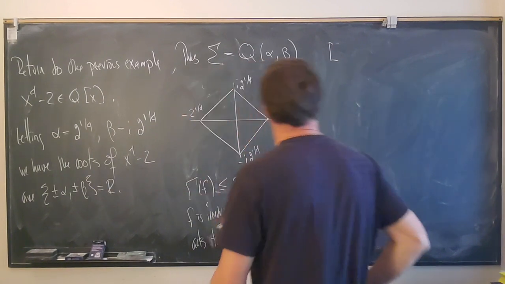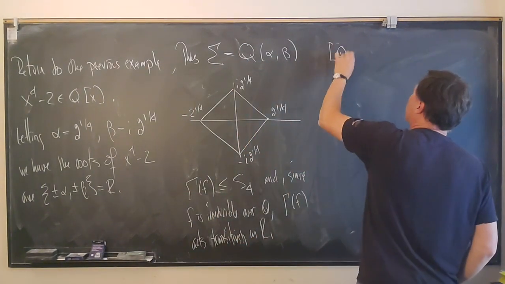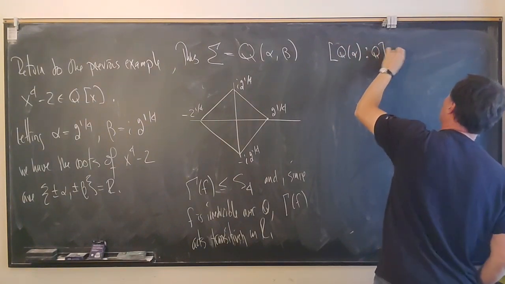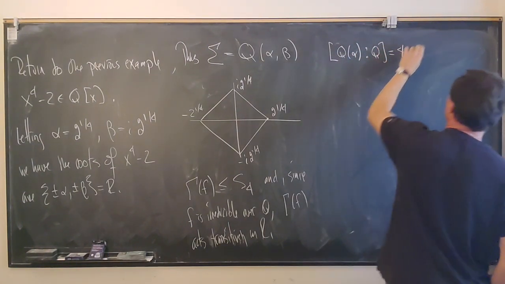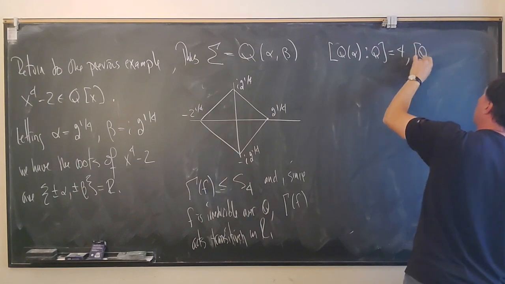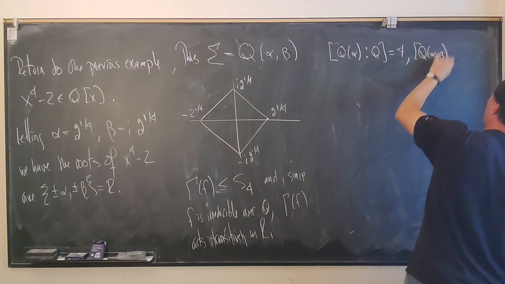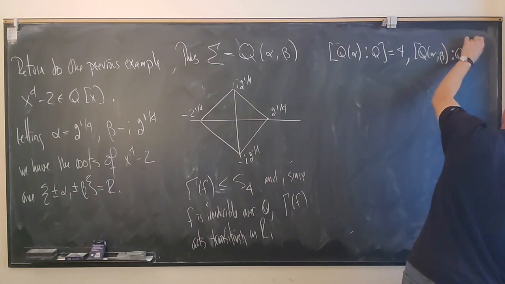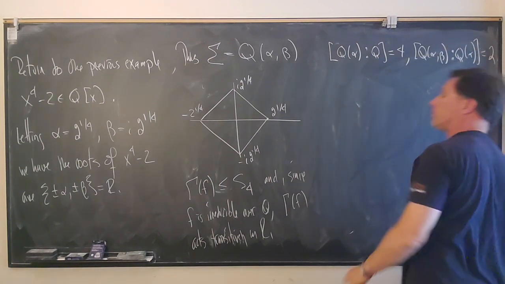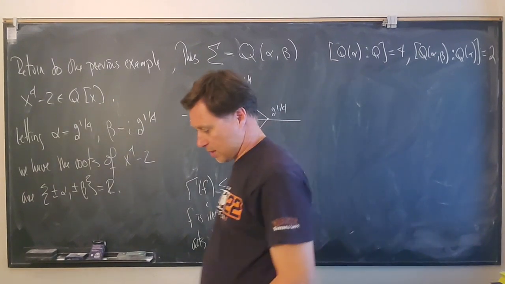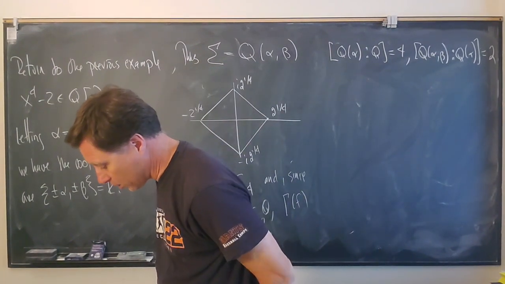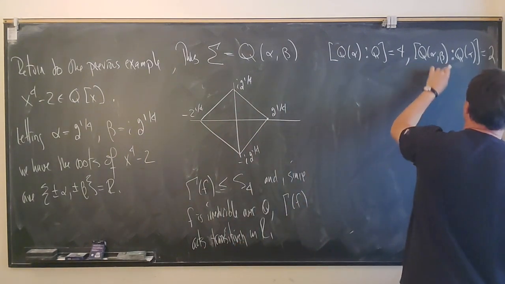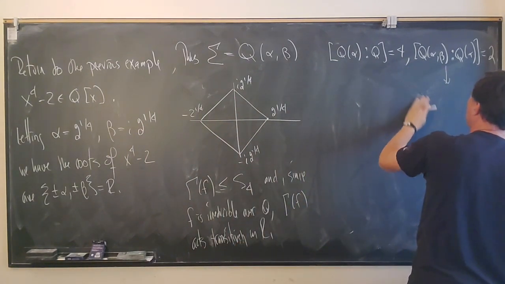Now, the degree of Q adjoin alpha over Q is equal to 4. The degree of Q adjoin alpha, beta over Q adjoin alpha is equal to 2. Why is that? Well, the reason is the minimal polynomial.